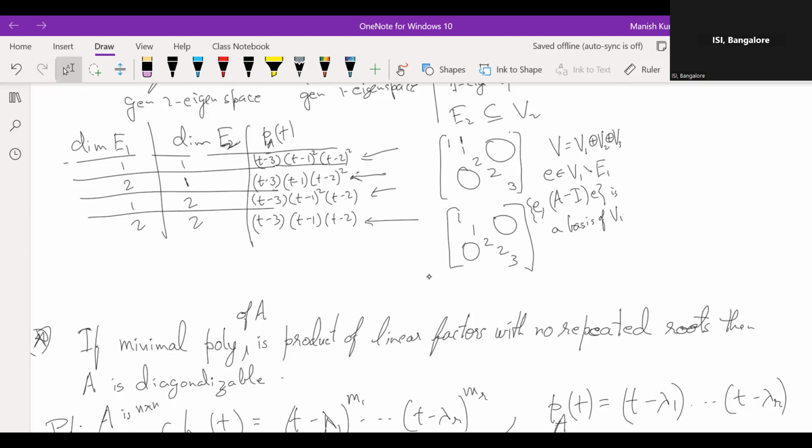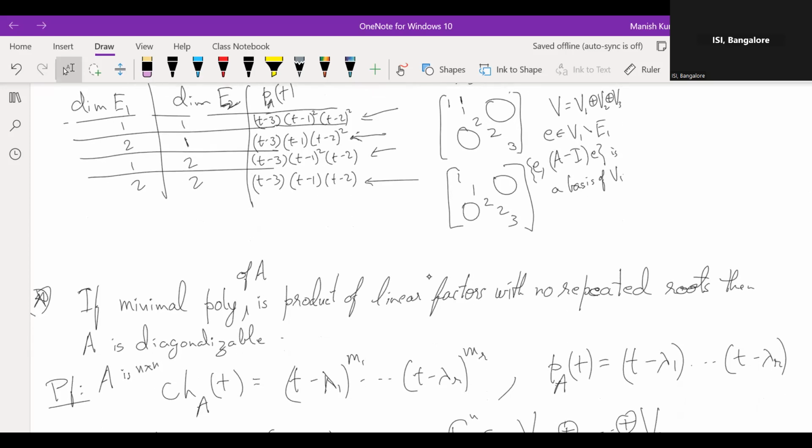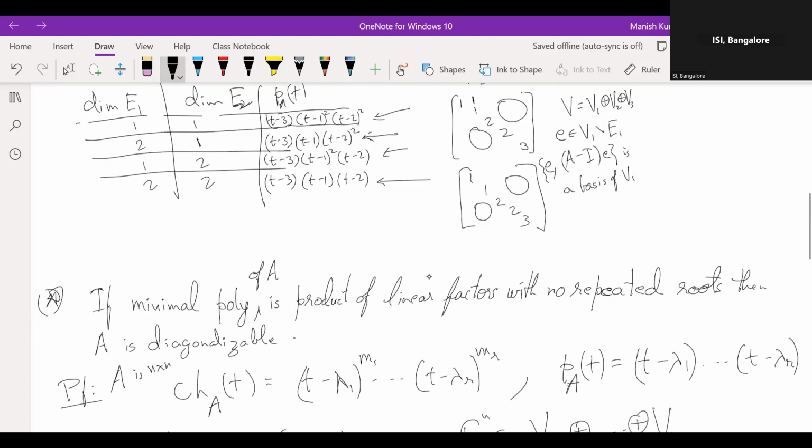So you look at the diagonal form, and for a diagonal matrix, the minimal polynomial will have no repeated roots. For instance, for this diagonal matrix, we know that (t minus 1)(t minus 2)(t minus 3) will annihilate this matrix. Is that okay, everyone? So this thing is actually a characterization.